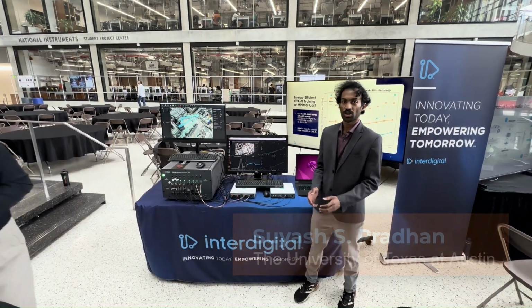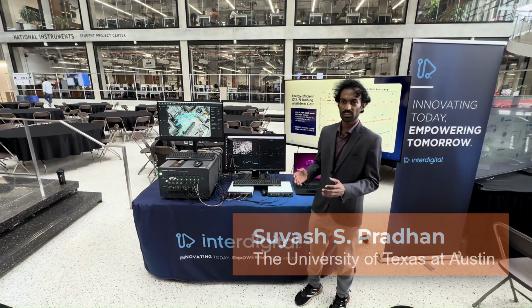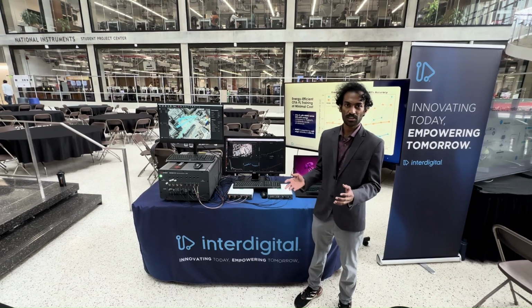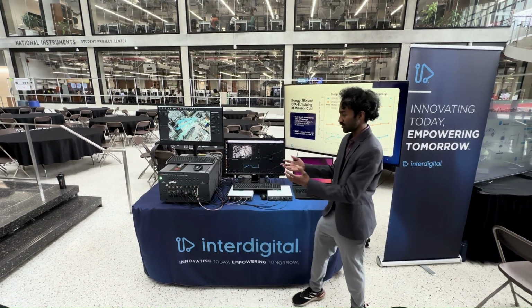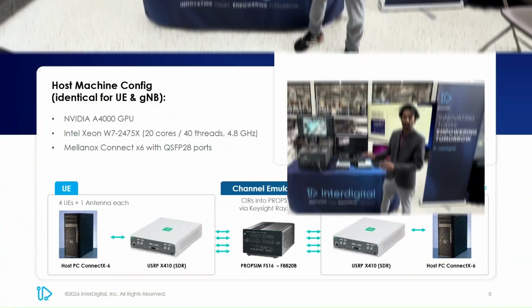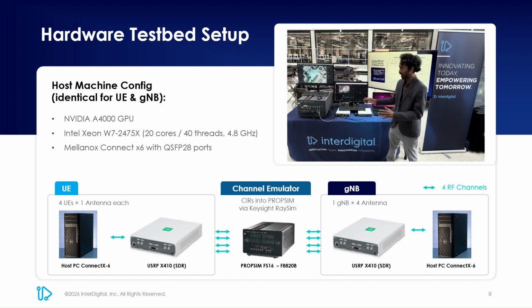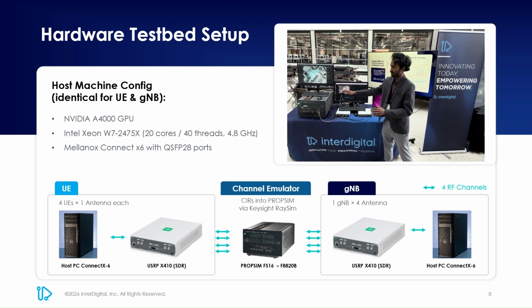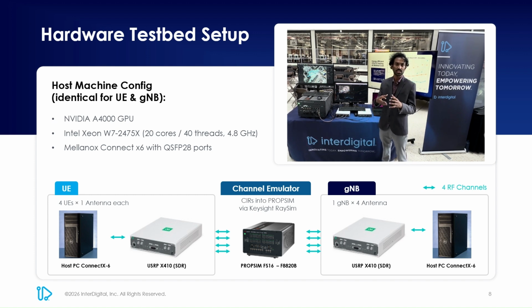Hi, I'm Suyash Pradhan, a PhD student at UT Austin. Here we have developed an experimental test bed with Keysight tools and guidance from InterDigital. It involves one USRP X410, where we have 4 UEs, so we create a multi-user MIMO environment with 4 users. The wireless environment is a complex, rich multipath environment with a scene in Finland.